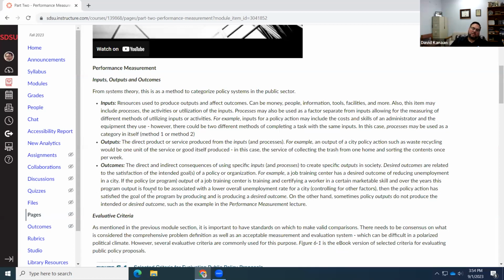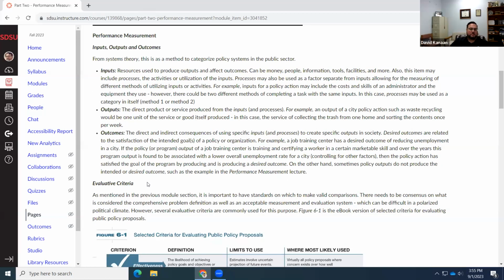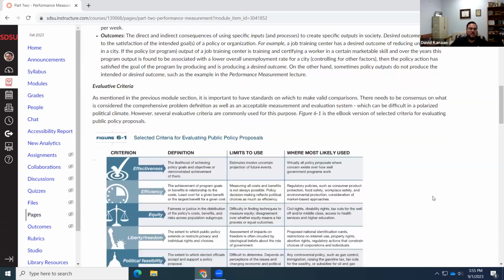And then outputs are what's actually the product or service the government or government agency or P3, whatever, is producing, the service for citizens. Outcomes is different. Outcomes are related to goals. So you could have an output that's a product, and then you're hoping that it positively affects the outcomes, the goals of the policy. And I go into that quite a bit.